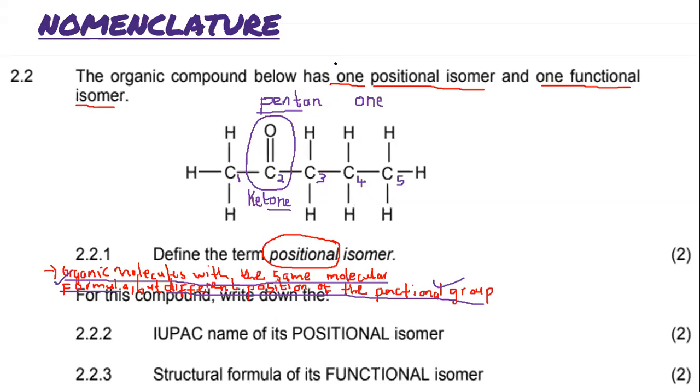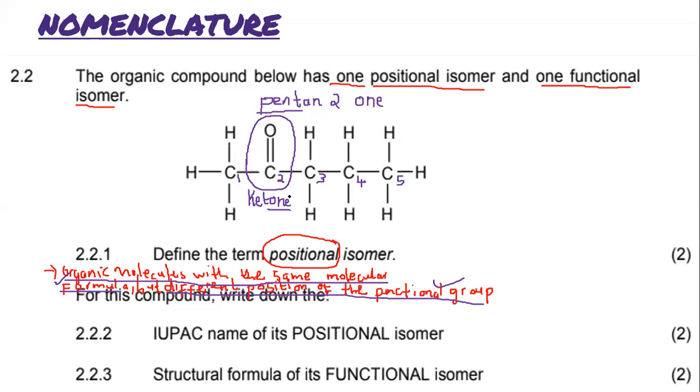And this tells me that this is how the name begins. This is how the name ends. So between there, you need to give the position of the functional group. That is what IUPAC rules say. So to give the position of the functional group, we can see that the functional group is on carbon number 2, right? Now, are we done?